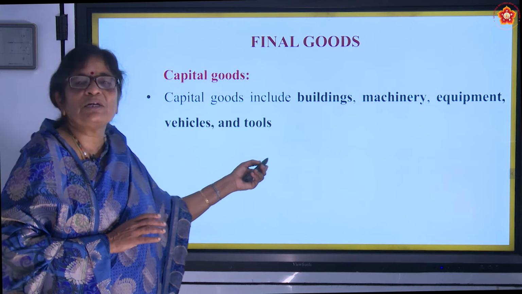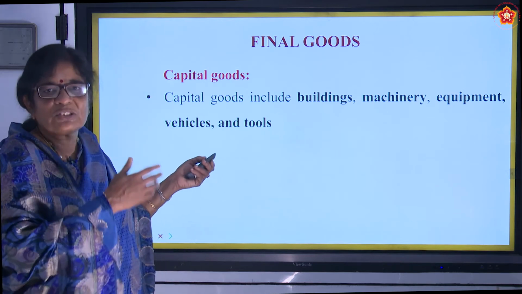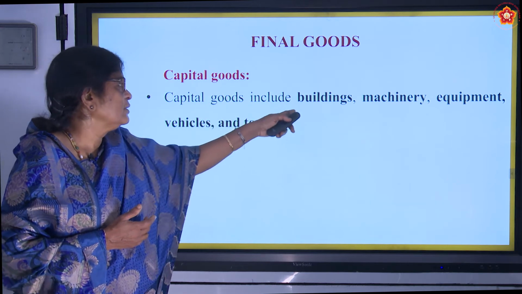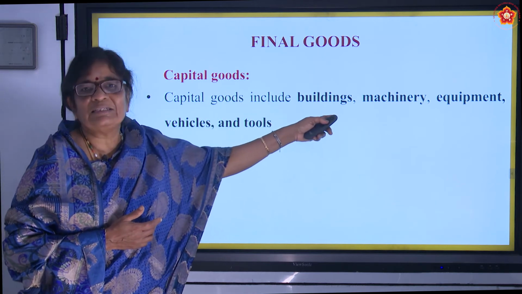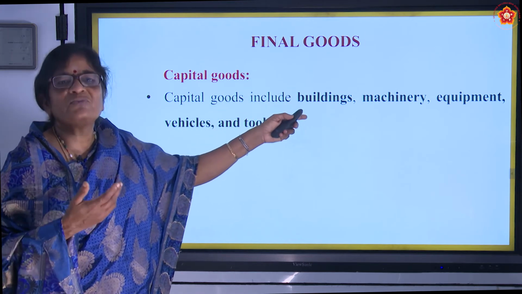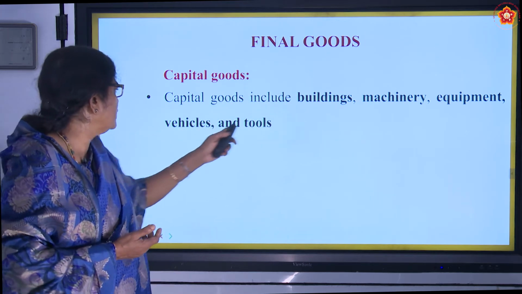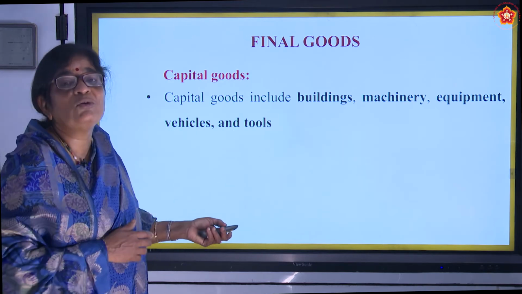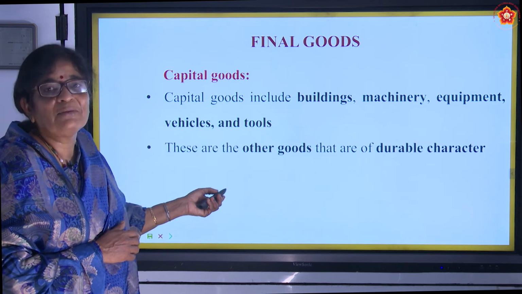And then capital goods. What are the capital goods? The buildings of our schools, colleges and university buildings are all capital goods. Machineries, such as printing machines and photocopier machines, all the machines we use are capital goods. Equipment, vehicles and tools are all called capital goods, as they are very durable. We can use them again and again for a long time.